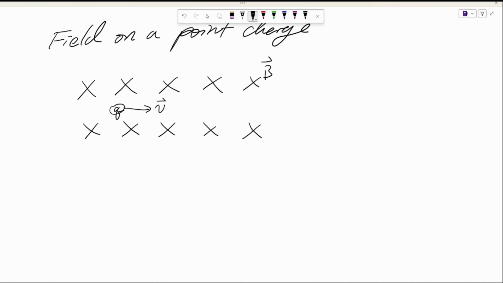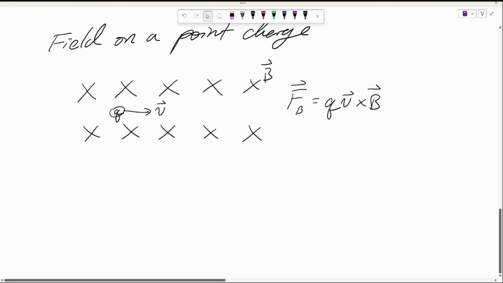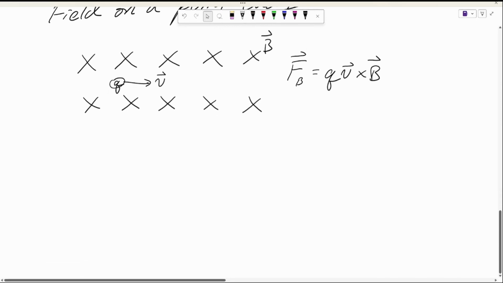So straight from the formula sheet, the magnetic force is going to be equal to QV cross B. So here, if you use your right-hand rule, you should find that the charge is going to experience a force pointing up.